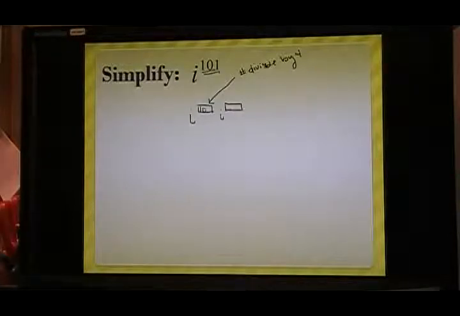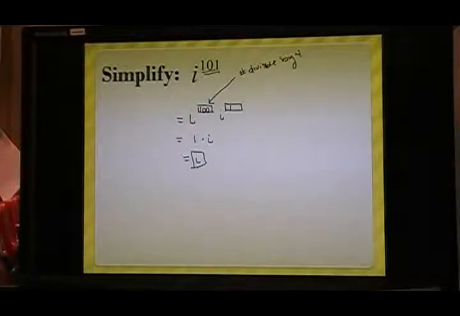In this case, it would be 100. So that would mean i to the 100 there and i to the 1 there. i to the 100th is 1, and i to the 1st is i. So i to the 101 simplifies to simply i.